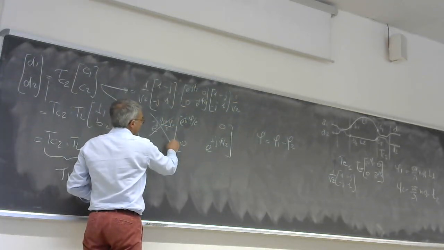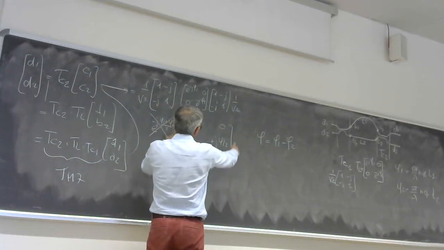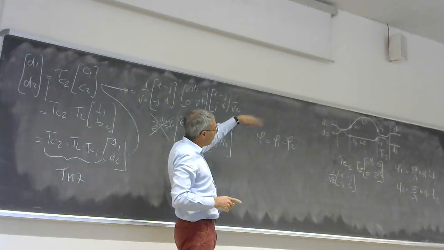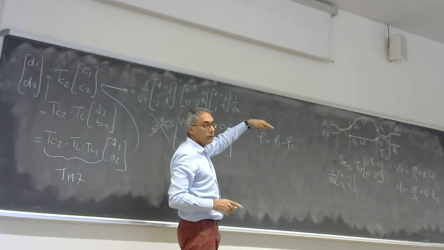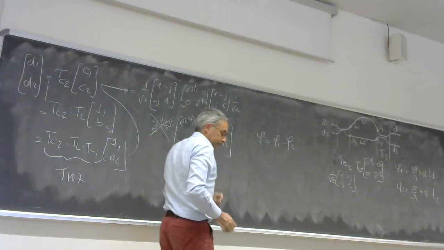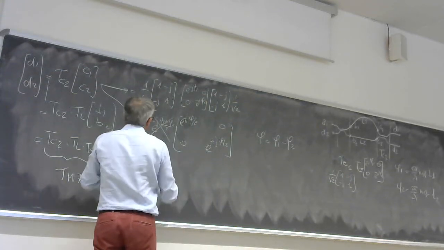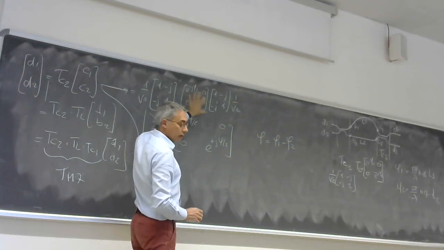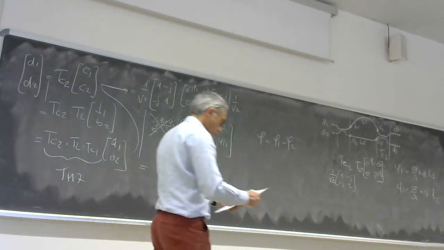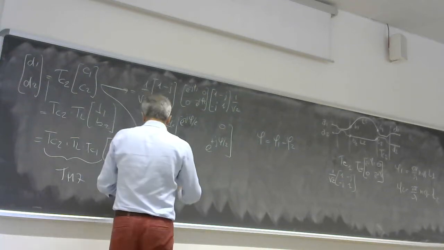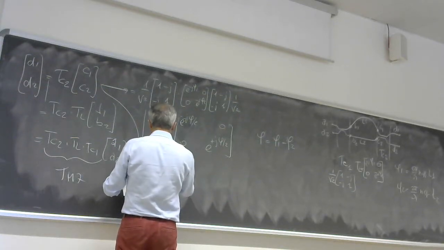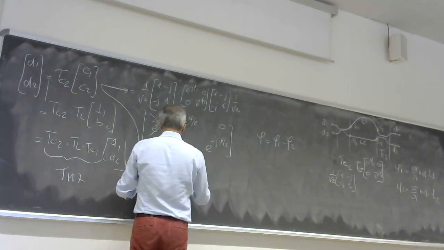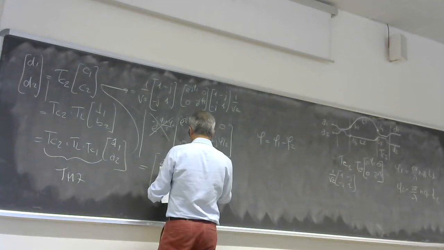What is important is that this matrix now depends on the difference of the phase accumulated in the two arms. So if we substitute this one in place of this, and we do the calculation, you get a matrix like this.